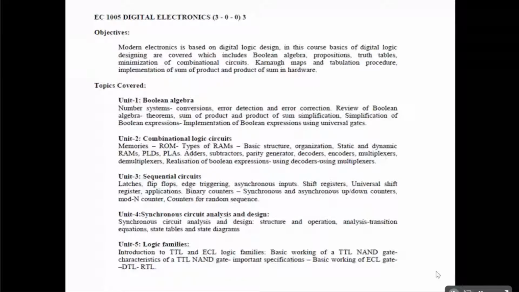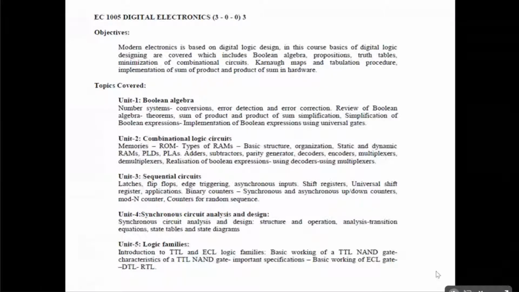Then the fourth unit deals with synchronous circuit analysis and design. So what is synchronous circuit? In synchronous circuit, we are applying clock pulse simultaneously to all the circuits. For example, take adders. Suppose 5 adders are connected serially.